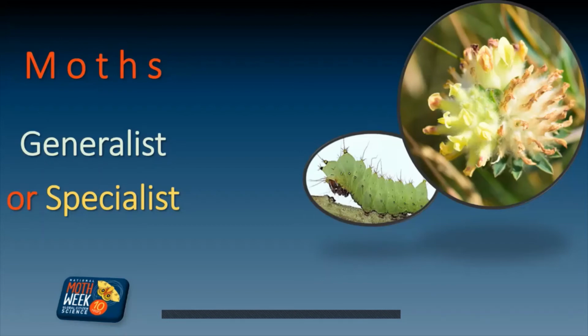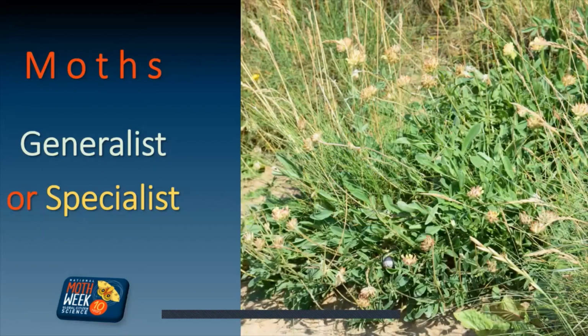Now that might seem very specific, but actually it's even more specialist when you think that the plant itself is a specialist of alkali soils. So you only find the plant on alkali, chalk, limestone, calcareous soils, which means that you're only going to find the moth that feeds on the plant in the same habitats. If it's an acidic habitat, then you won't find the plant, so you won't find the moth.